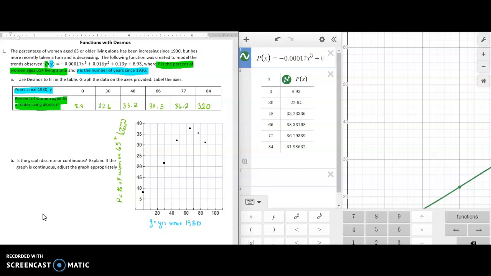So we do know that this is going to be continuous, because both the years and the percent can be partial and make sense.